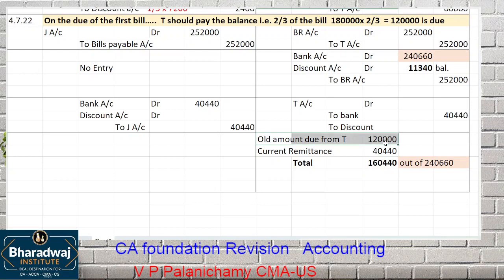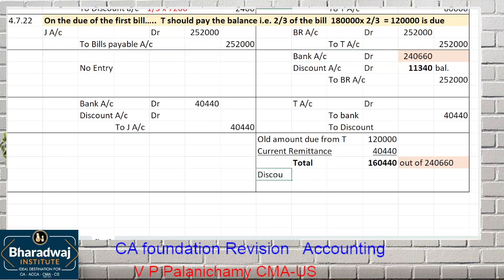I repeat. Already how much do you have to pay me? 1,20,000. Now I am sending you 40,440. What is the total amount you are using? 1,60,440 out of the second bill. What is the second bill? 2,40,660 வருது.